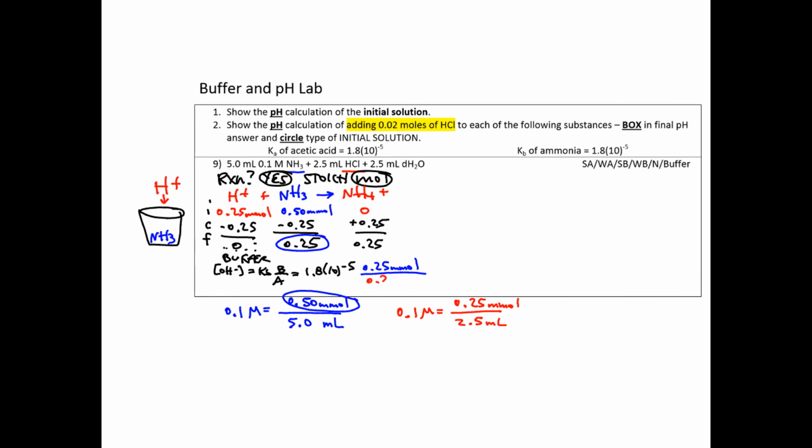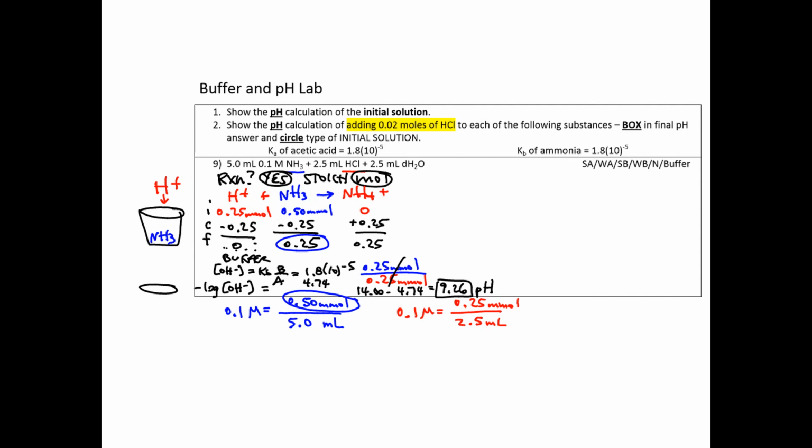So this is also 0.25 millimoles. So you see millimoles kind of make it less dramatic with the zeros. Okay, so you're going to take the negative log of OH minus, which is going to be, of course, 4.74. But then you take 14 minus that, because that was the pOH, and you're going to get 9.26 as your pH.